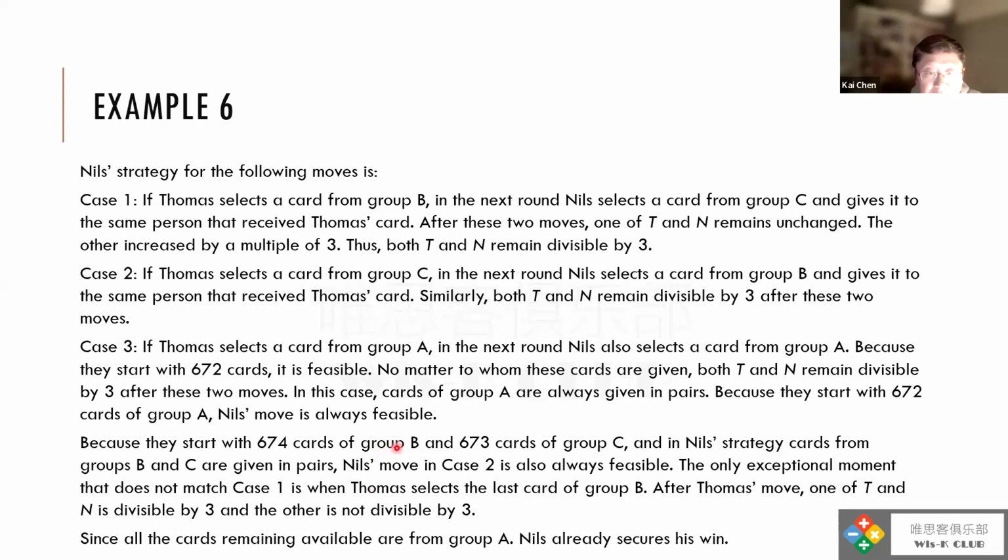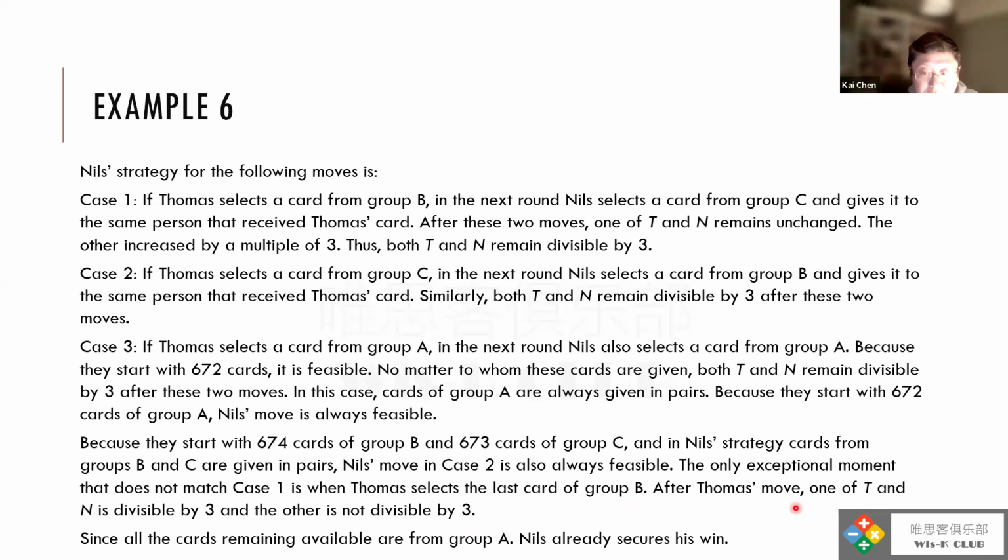When Thomas takes the last B, the other card left must be an A card, because C has run out. So the last card for Niels must be an A card, which is a multiple of 3.